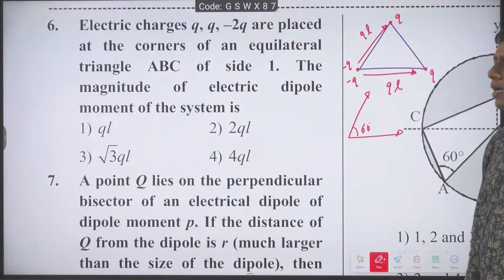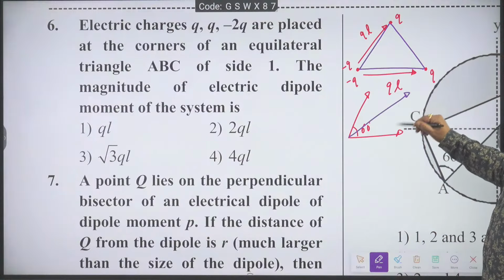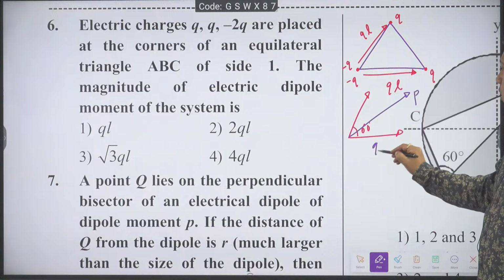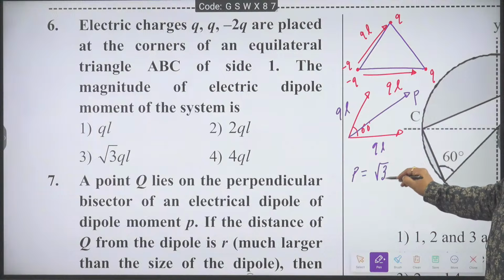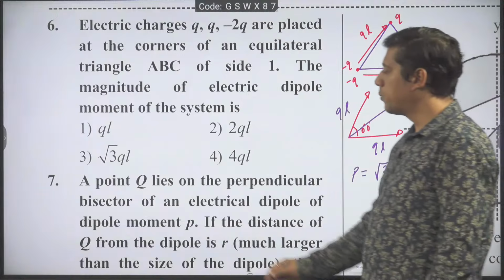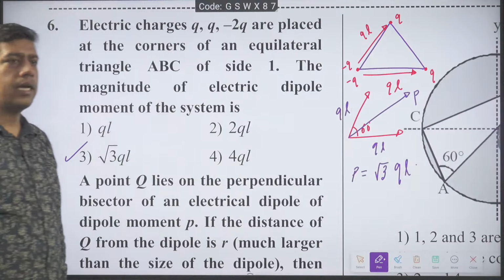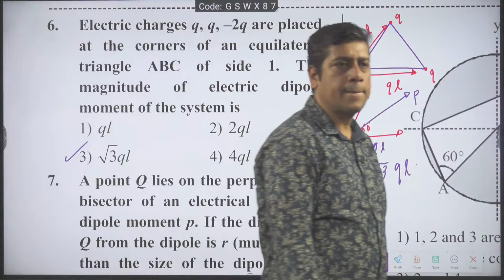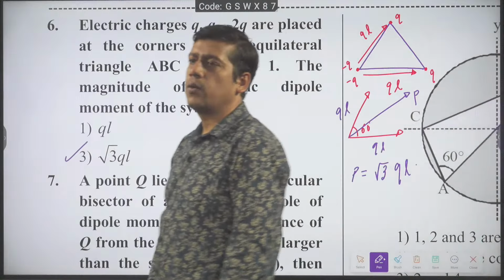So the resultant will be in between them, and this one is QL, so with 60 degrees it will become √3 QL. Option number 3 is correct. Take the resultant of QL and QL, with the angle between them 60 degrees. You can use 2a cos(theta/2), or you can use the square root of a squared plus b squared plus 2ab cos theta. That much vector addition we can do, right?